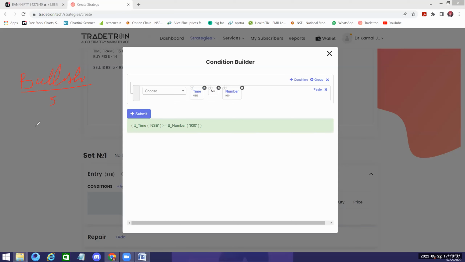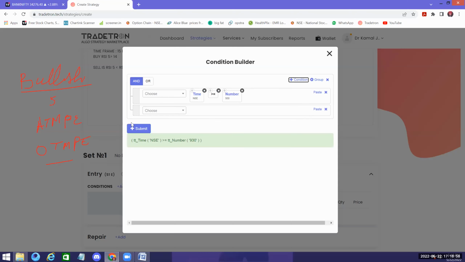If we are bullish, we will sell an ATM put, sorry, ATM put, and buy an OTM put. So this is how we are going to make the strategy. This is our first condition.